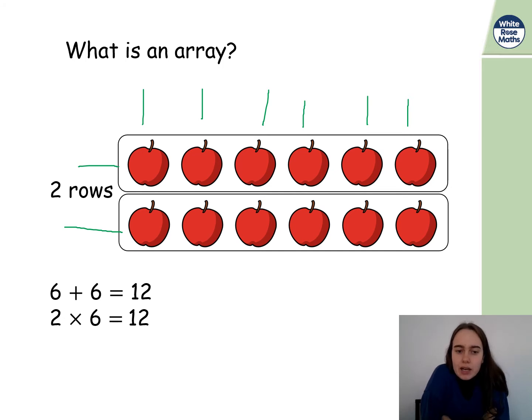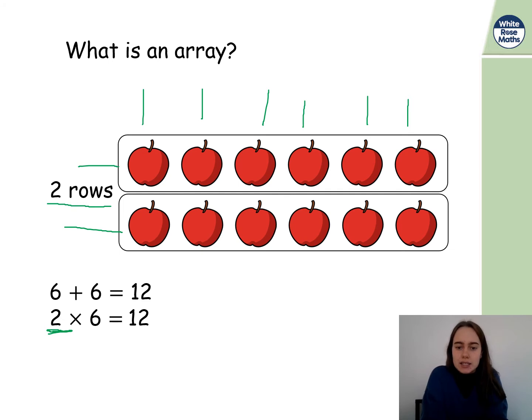Now, have a look at the number sentence underneath. That's not an adding sign. Can you remember what that sign is, that cross sign? What is it? It's a multiplication sign. So we've got 2 multiplied by 6 equals 12. So that 2 here shows me the amount of rows I have, okay?